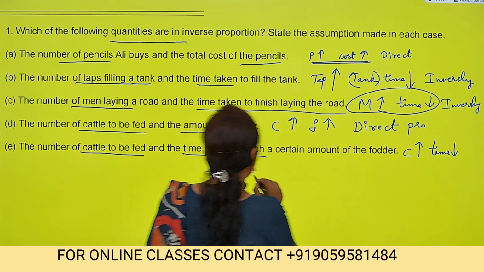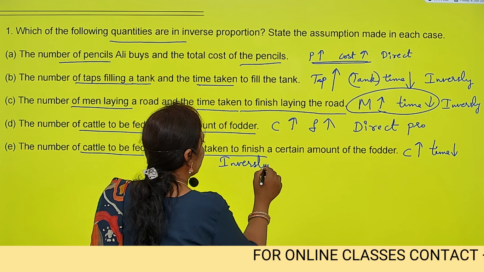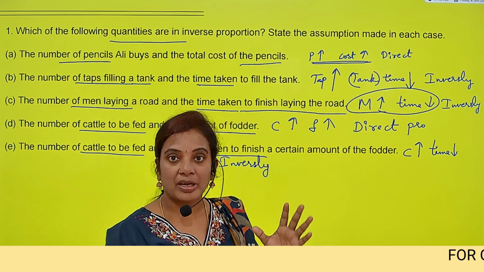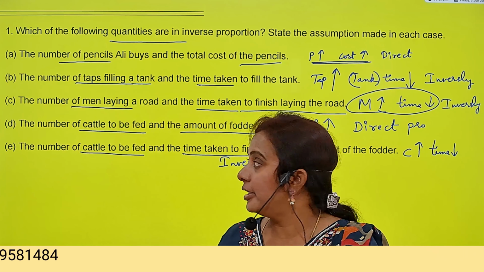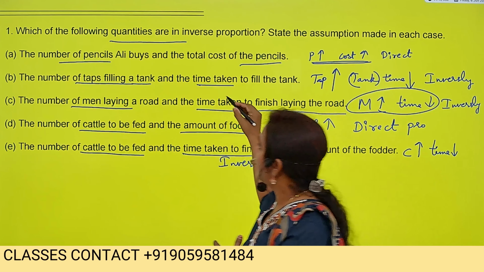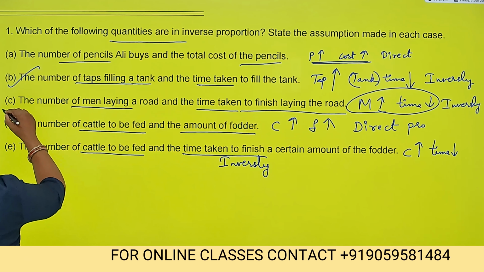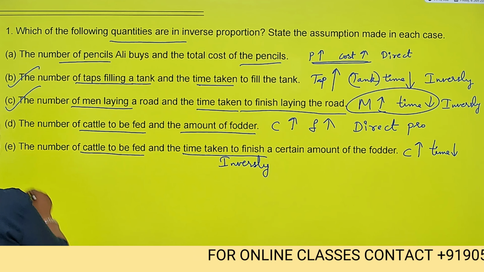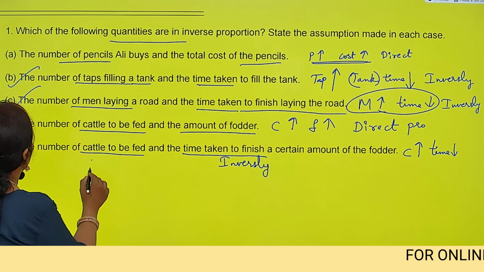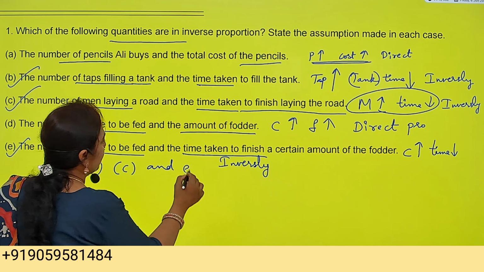That is called inversely proportional. Just observe it: when time is compared with another variable, it is inverse. So which are inversely proportional? B is inverse, C is inverse, and E is inverse. Here the answer is B, C and E.